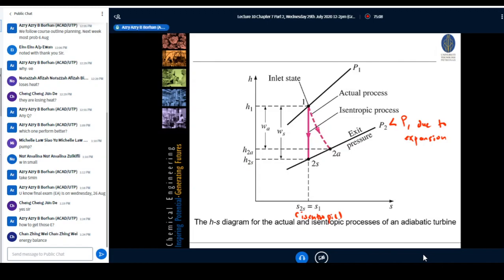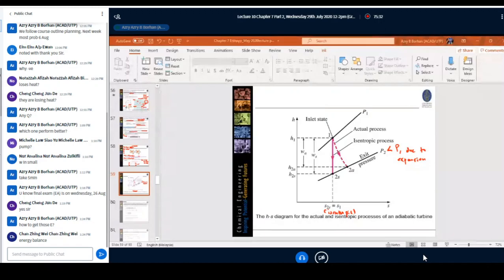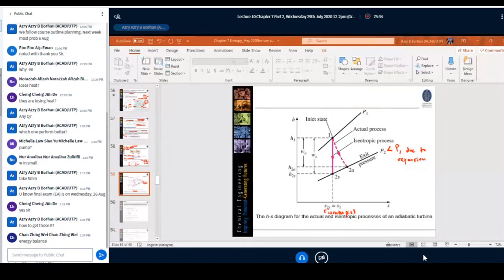Okay, so that's why if you want to calculate the WA, guys, if you look at the distance between H1 and H2A, that gives you WA, and then the difference between H1 and H2S will give you WS. Okay, so guys, can you tell me which one is bigger, WA or WS? Which one is bigger?